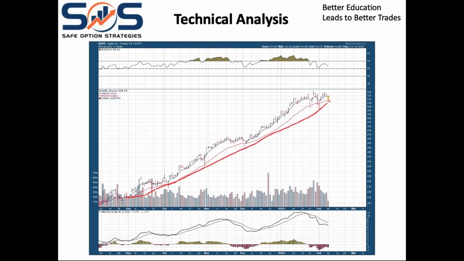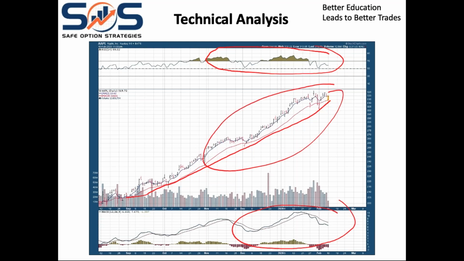You can see that at the time this screenshot was taken, Apple had a really nice run to the upside. But when we look at technical charts, we're going to look at things like the relative strength index. We're going to look at things like the moving average convergence divergence. We're going to look at 5 and 20-day moving averages, which are respectively this blue and this red line that go here. These are things that we'll look at as we get into technical analysis.